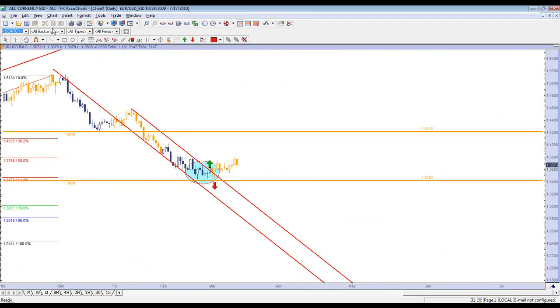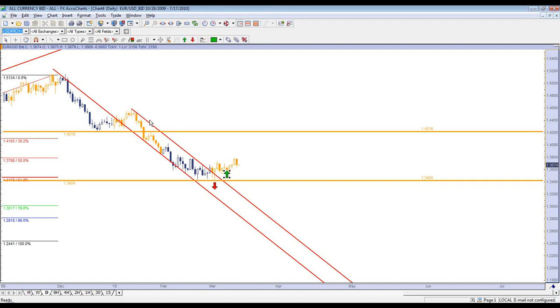I can look for some kind of butterfly or crab converging in this area. The best thing is to look for a head and shoulders pattern.